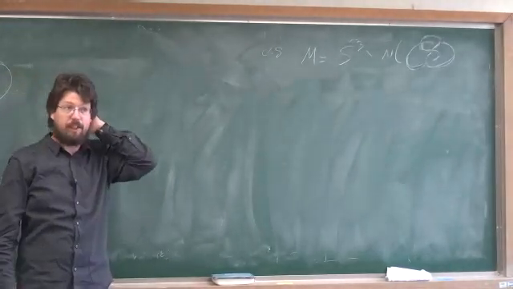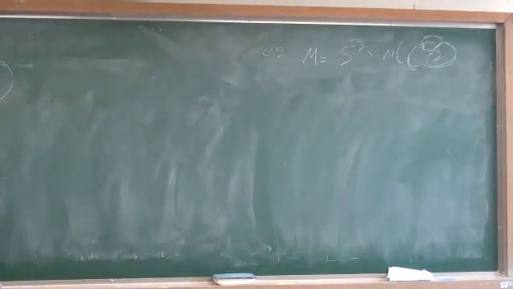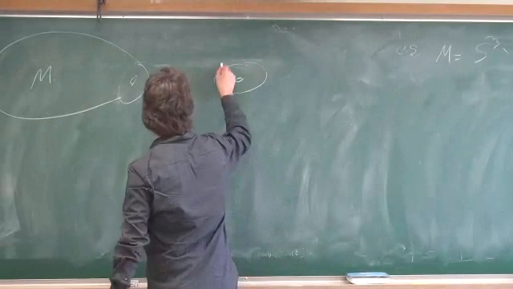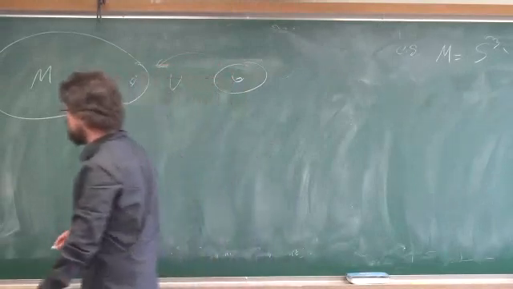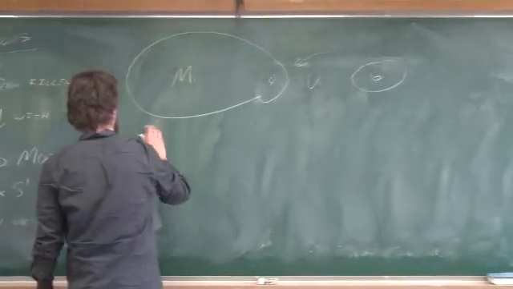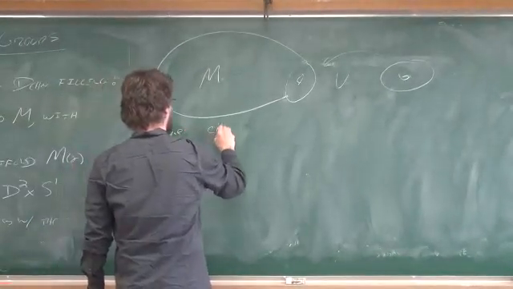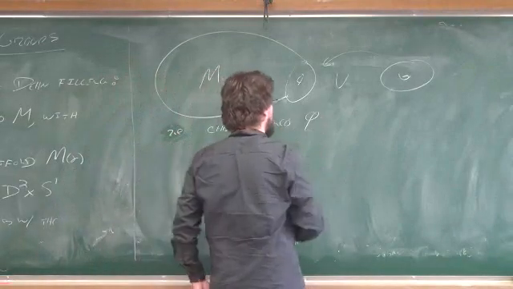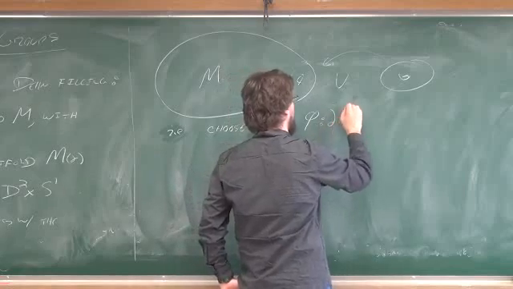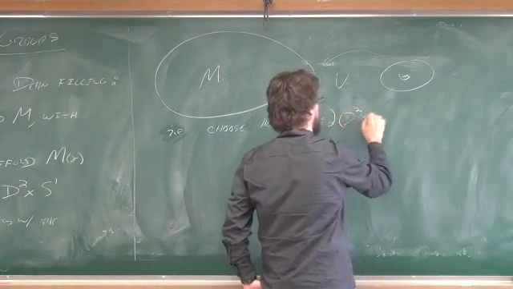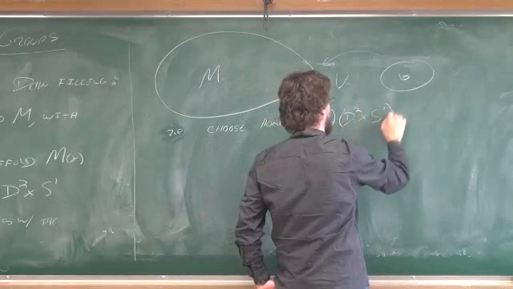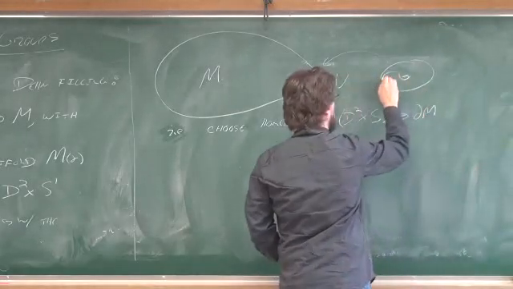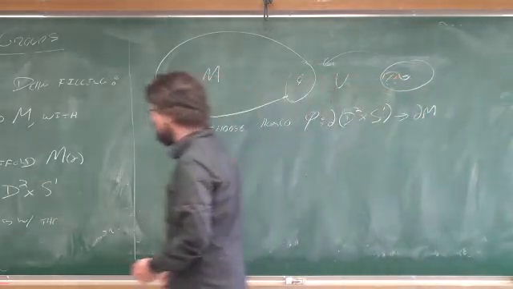Now when I want to Dehn fill that, what that means is that I'm going to be gluing on a solid torus like this according to some homeomorphism of the boundary. So we're going to choose a homeomorphism phi from the boundary of the solid torus to the boundary of M. And there's a special curve on here, mu.